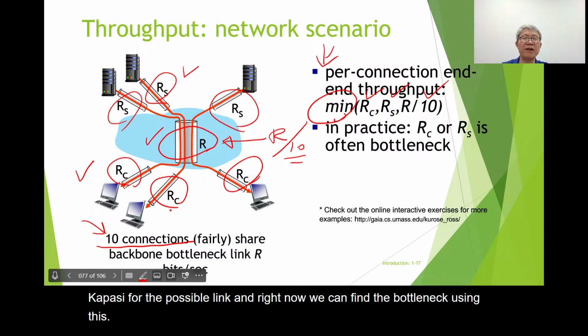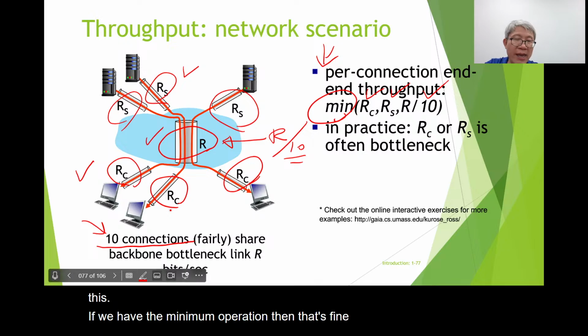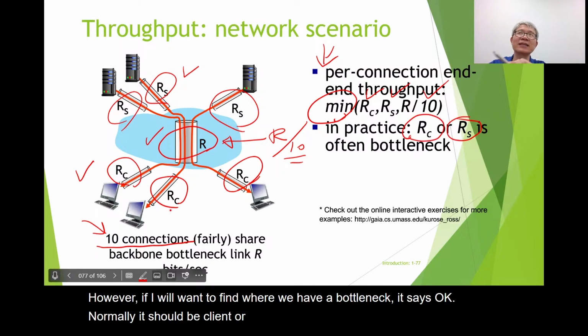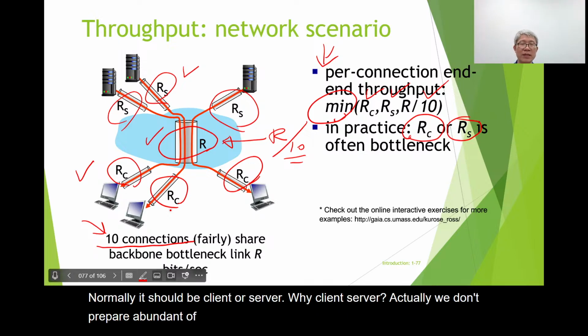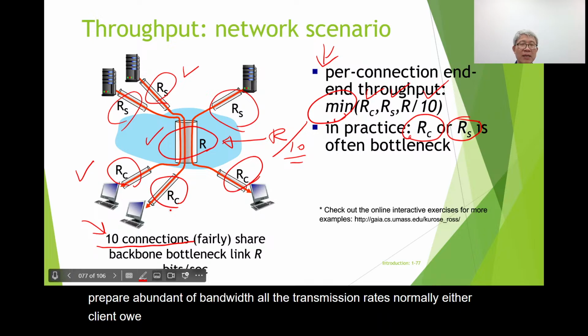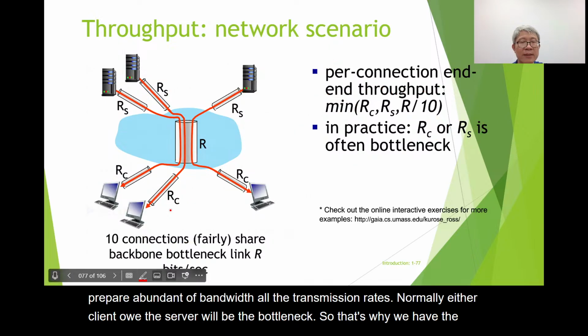If we want to find where the bottleneck is, normally it should be the client or the server. Why? For client and server, we don't prepare a bundle of bandwidth or transmission rate. So normally, either the client or the server will be the bottleneck.